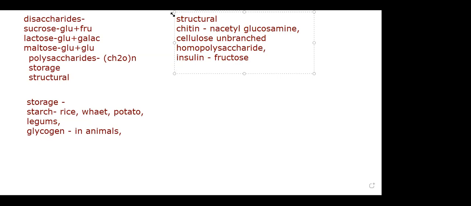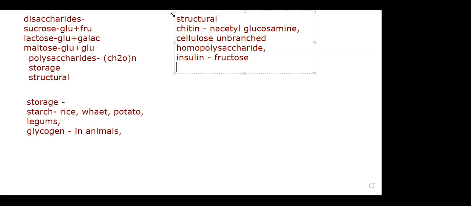So these are the different varieties we observe under polysaccharides. Starch, homopolysaccharide. Chitin, heteropolysaccharide. Cellulose, unbranched homopolysaccharide. Insulin, heteropolysaccharide, because it is made up of an A as well as a B chain: 20 and 31 amino acids together to form 51 amino acids.